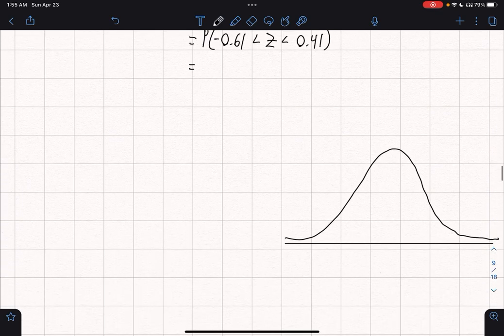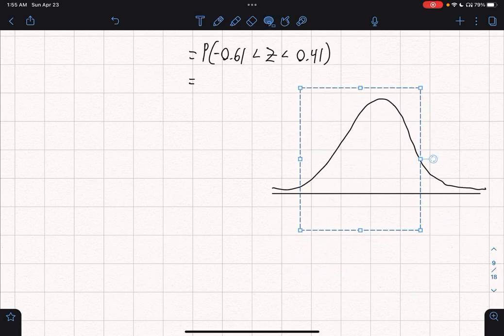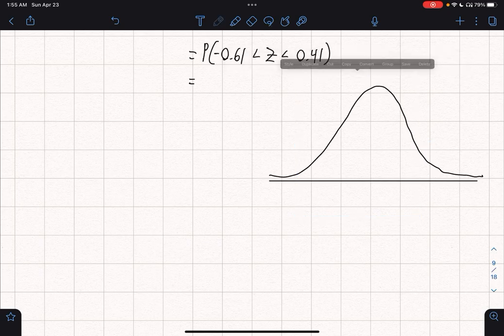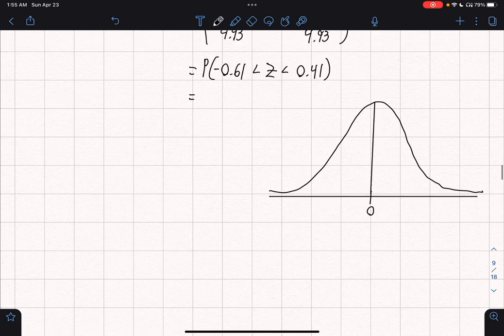Okay, so let's draw that. So put 0 in the middle. So negative 0.61 is over here. Then positive 0.41 is over here.